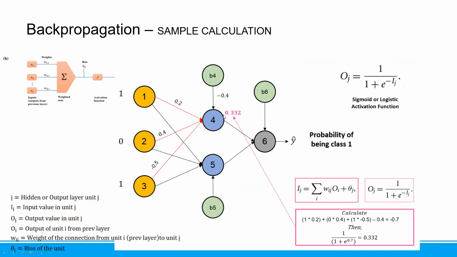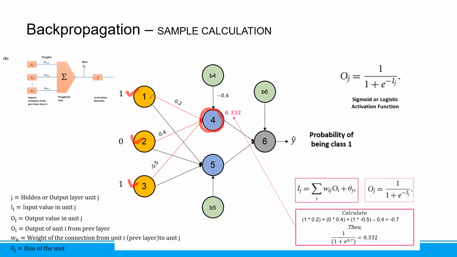So let's see one example. We have this 1, 0, and 1, and we want to find out how the network unit 4 comes out.